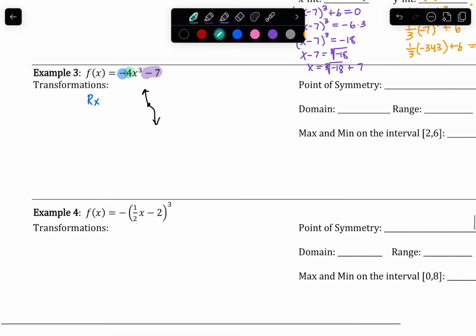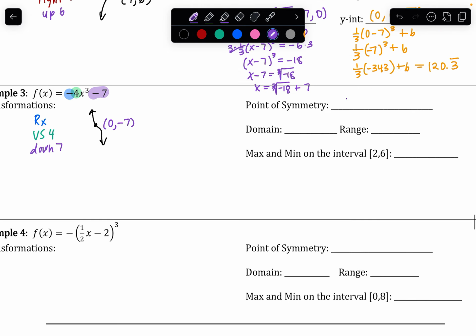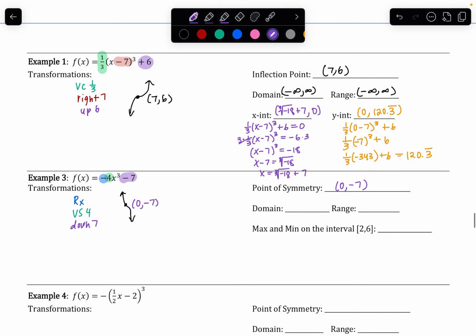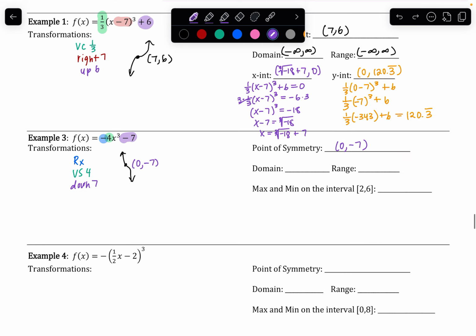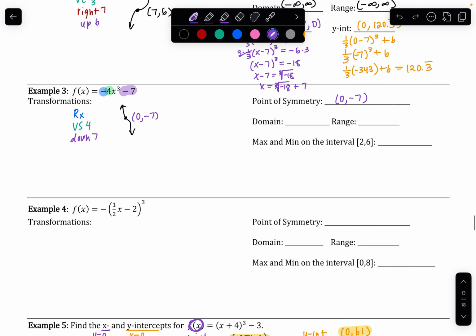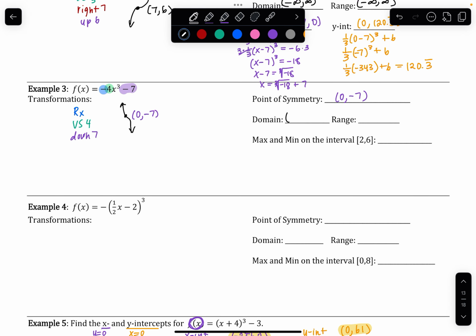And then we have a vertical stretch by 3, and then we have a down 7. The only transformation that affects our inflection point is the down 7. So our point of symmetry would be 0, negative 7. Remember, the point of symmetry and the inflection point are referring to the same point. We're just calling it different things. Domain, still all real numbers all the time.